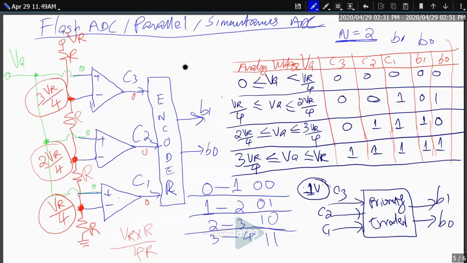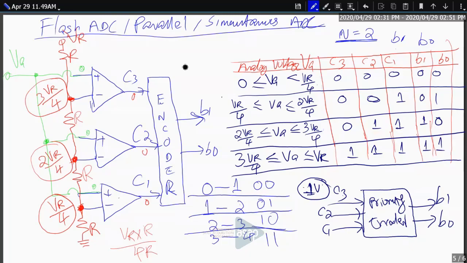There is a natural inquiry on whether there are any approaches in the flash ADC system itself to reduce the number of comparators. The attendee was saying that if you are going for an 8-bit analog to digital converter, we require 2 raised to n minus 1, that means 255 comparators.